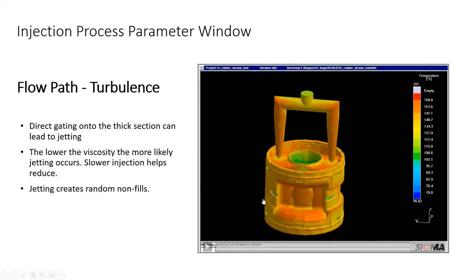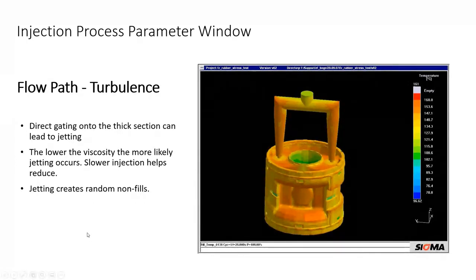So here's a case where you're going to look at a change in viscosity of the material and choose a material with higher viscosity. So jetting creates those random non-fills, and you can always see that if you're an injection molder and you see that one time, on this cavity, we have a non-fill in the upper right corner, and then the same cavity in the next heat, it's in the lower left-hand corner. You're probably seeing some type of flow path turbulence, and so there's ways to mitigate that.